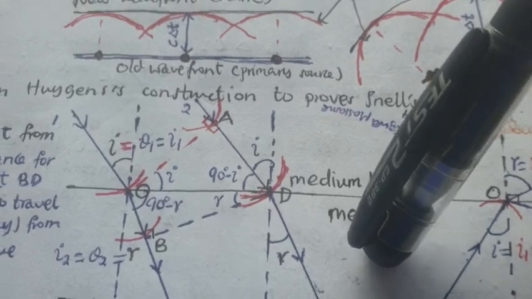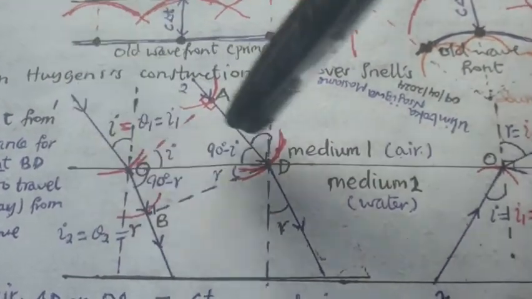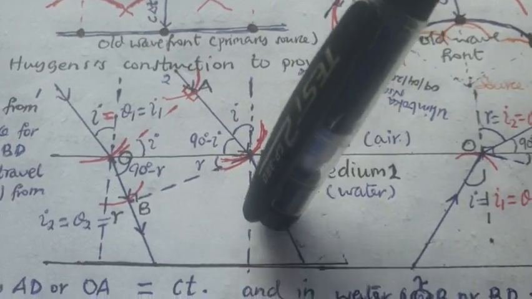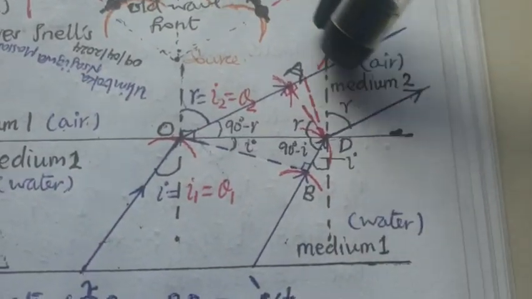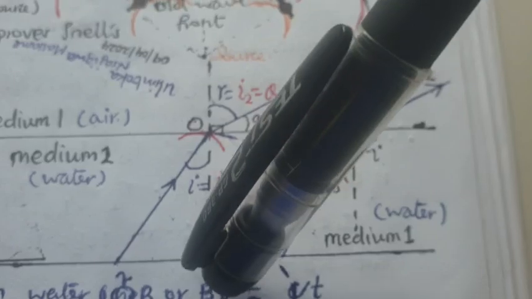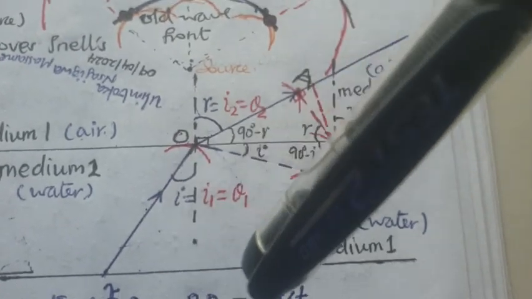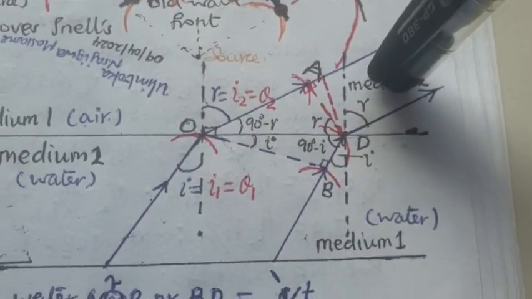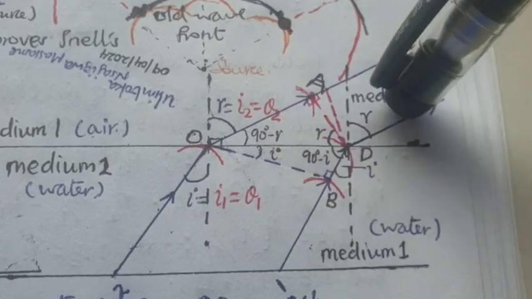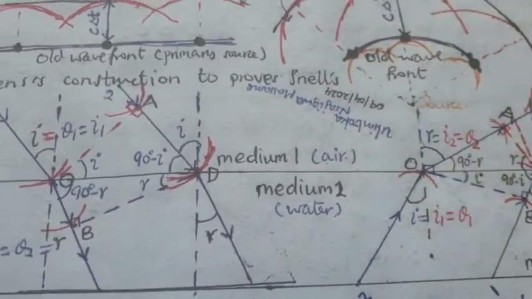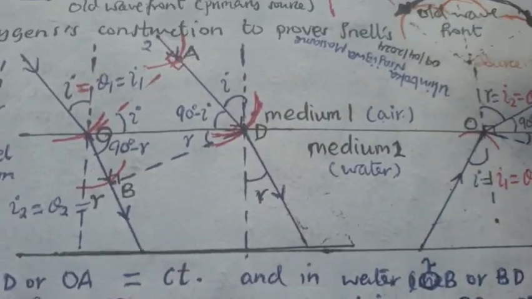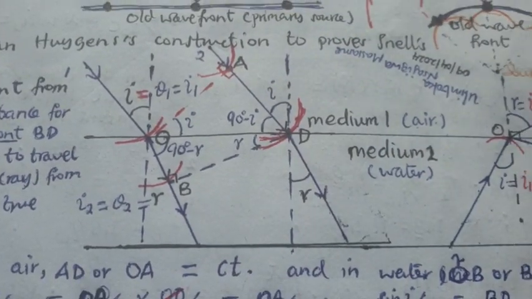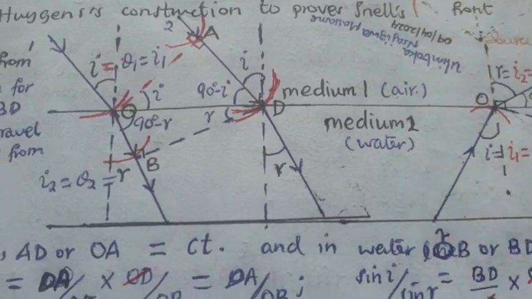We assume light comes from air to water, that is medium 1 and medium 2. In the second case, light comes from water to air, media 1 and 2 respectively. We will use these two diagrams simultaneously to obtain the general formula that proves Snell's law.